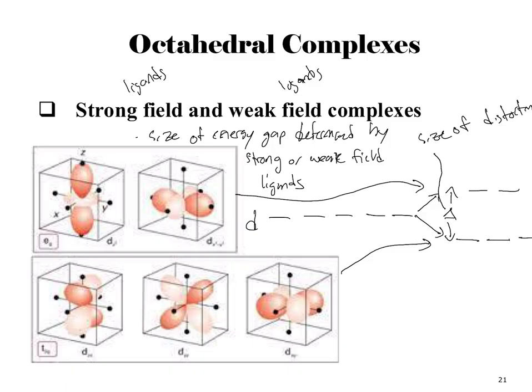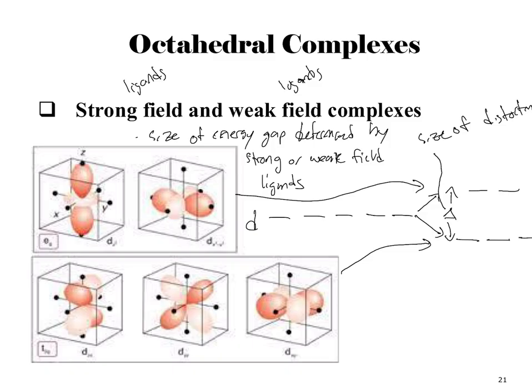And how these different orbitals deform depends on the type of ligand that you have. So we have strong versus weak field complexes, and all that means is that you have ligands that deform the field strongly or deform the field weakly.